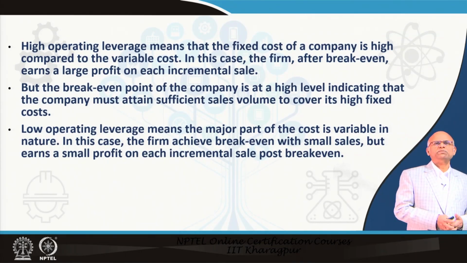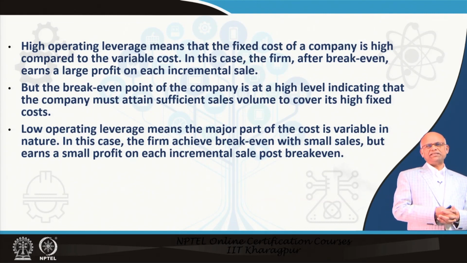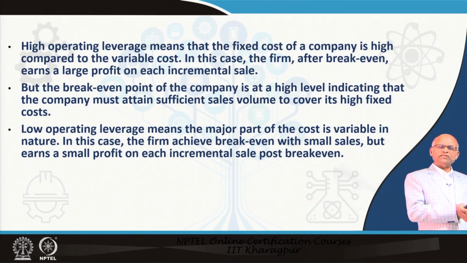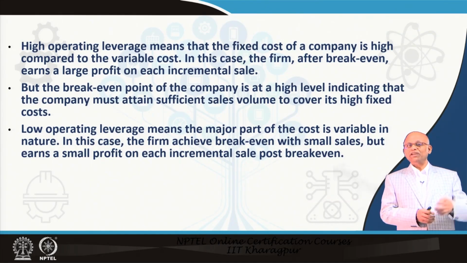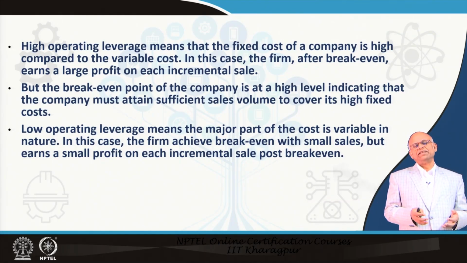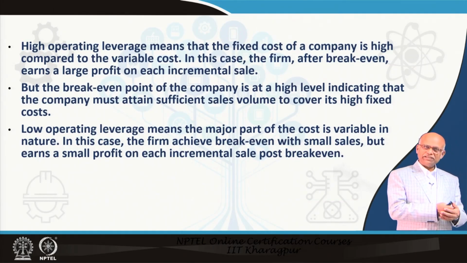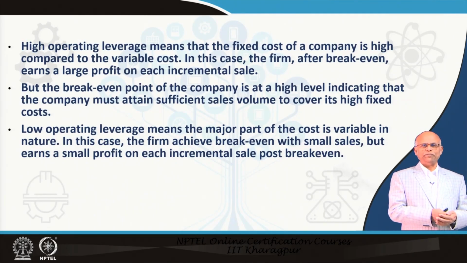Low operating leverage means a major part of the cost is variable in nature. In this case, the firm achieves break even with small sales. So, break even point is lower. If the market size is not so large, low operating leverage makes sense, because you operate at a lower level as the market is small, but then still you make profit because break even is low.